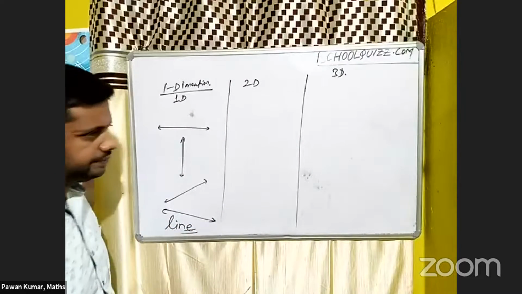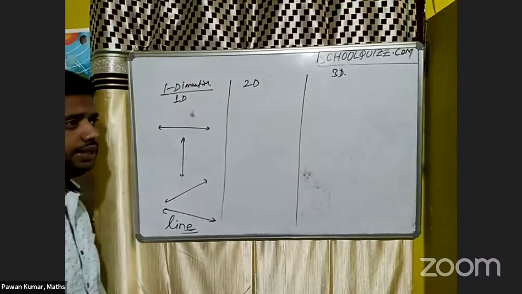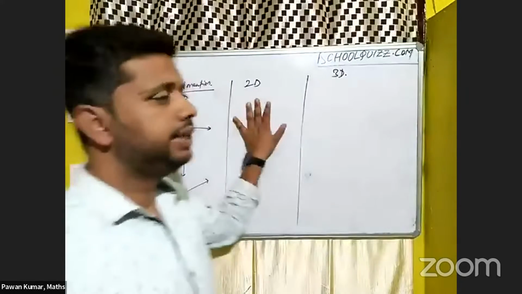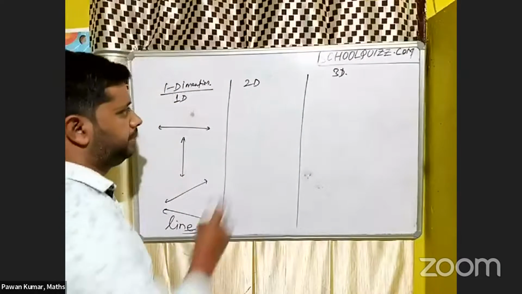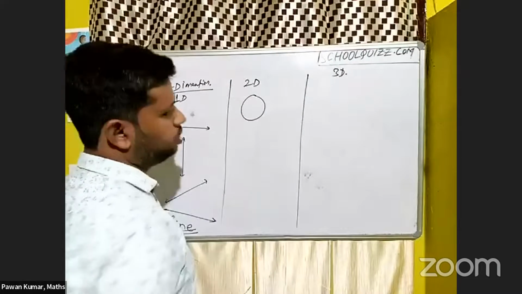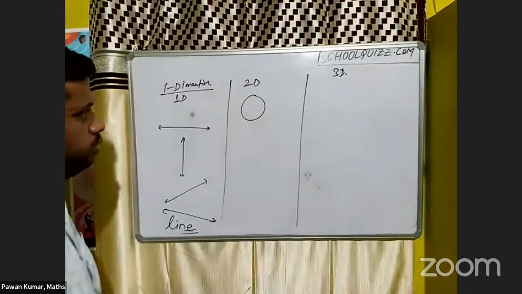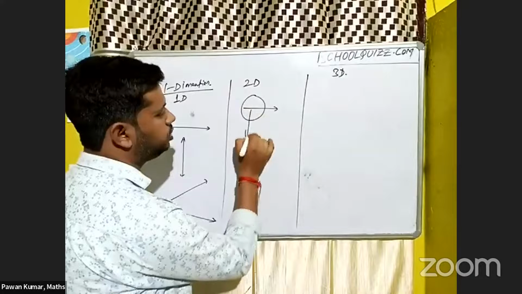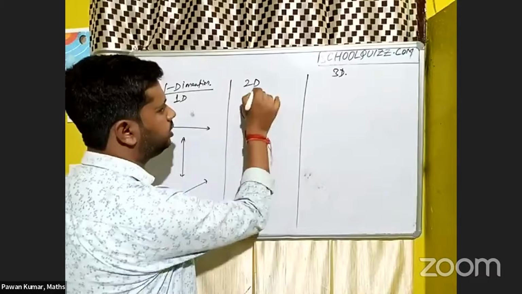But if I am representing 2 dimensions, suppose I prepare a circle, so this is 2 dimensional, because to prepare this circle, I have to move this side also, this side also, this side also.